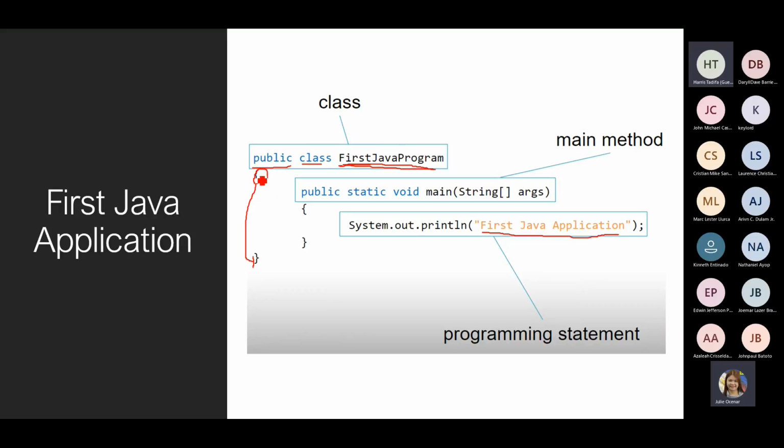So as much as possible, if you are naming your class or your program, start with a capitalized letter here. Kagaya nito, F. Diba? And then kung 2 words or more, each word should be capitalized. Like dito, first Java program. Ganun siya. Okay? Hindi naman siya mag-error.